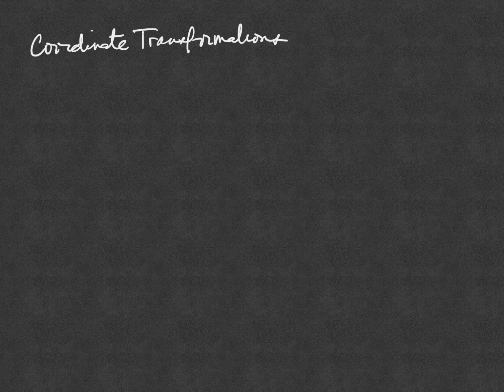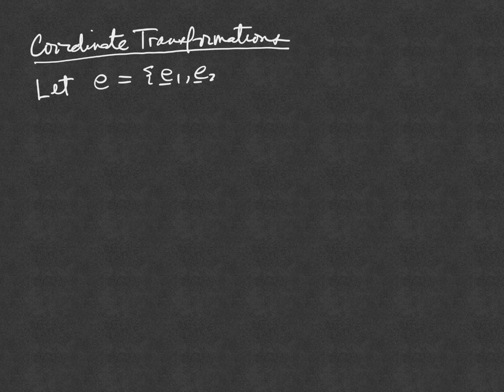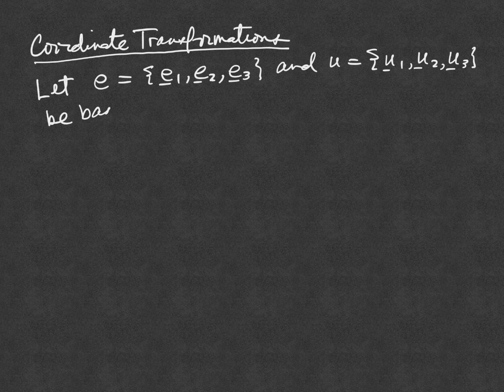Now, the way coordinate transformations start is as follows. Let E equal E1, E2, E3, and U equal U1, U2, U3, be bases for three-dimensional Euclidean space.